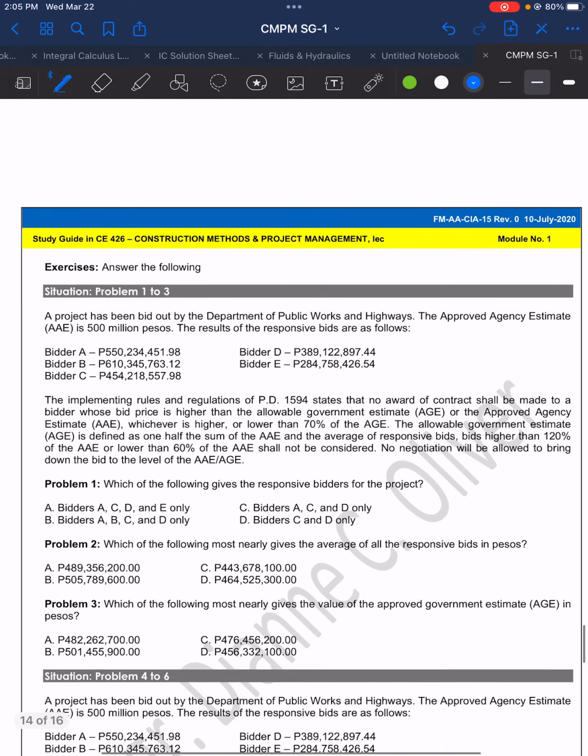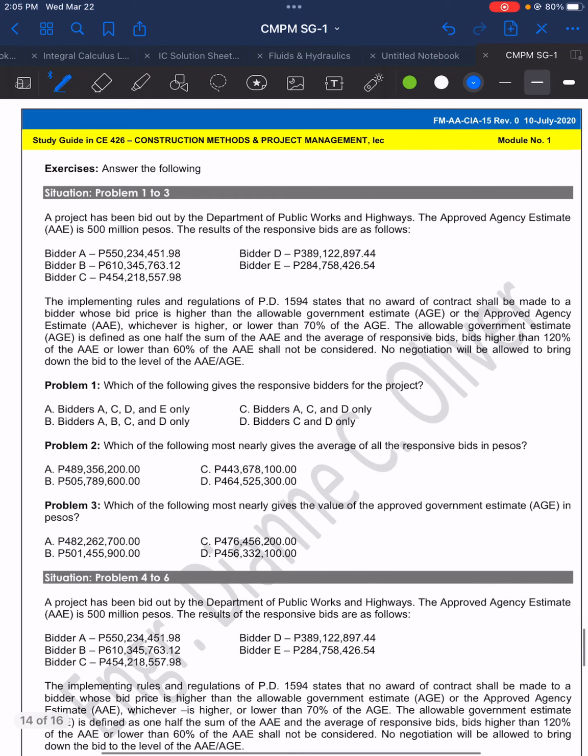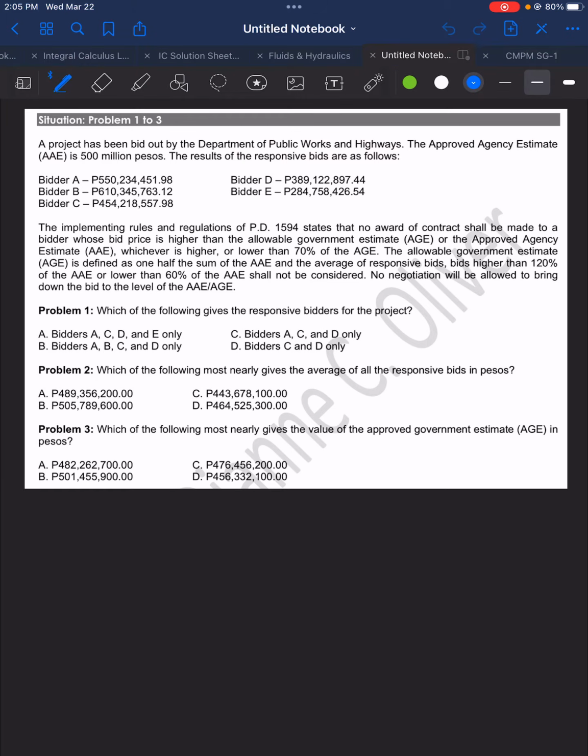So here are the sample problems, exercises. So let's solve problems 1 to 3. Situation for problems 1 to 3: a project has been bid out by the Department of Public Works and Highways, and the approved agency estimate, or AAE, is 500 million pesos.